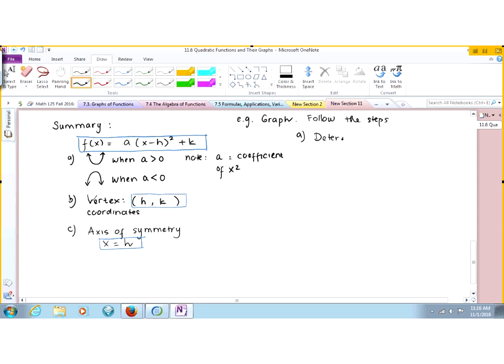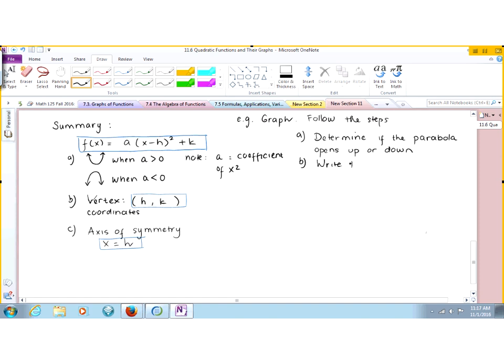So what are the steps to graph? A, determine if the parabola opens up or down.